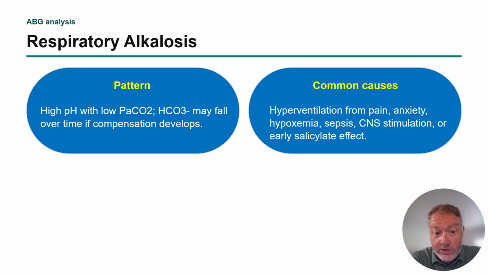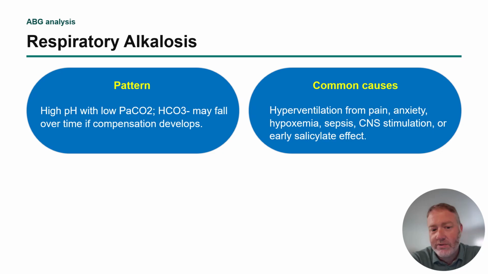Respiratory alkalosis, so somebody with a high pH and a low PaCO2, usually somebody who is hyperventilating, suggesting something like that. The bicarb itself may fall over time if the compensation develops. That is less common than a bicarb compensating in a respiratory acidosis.